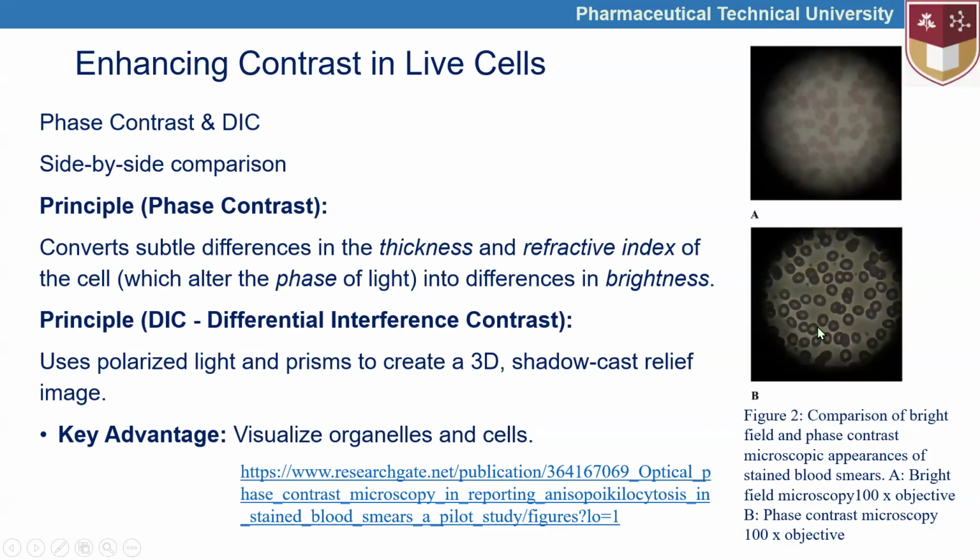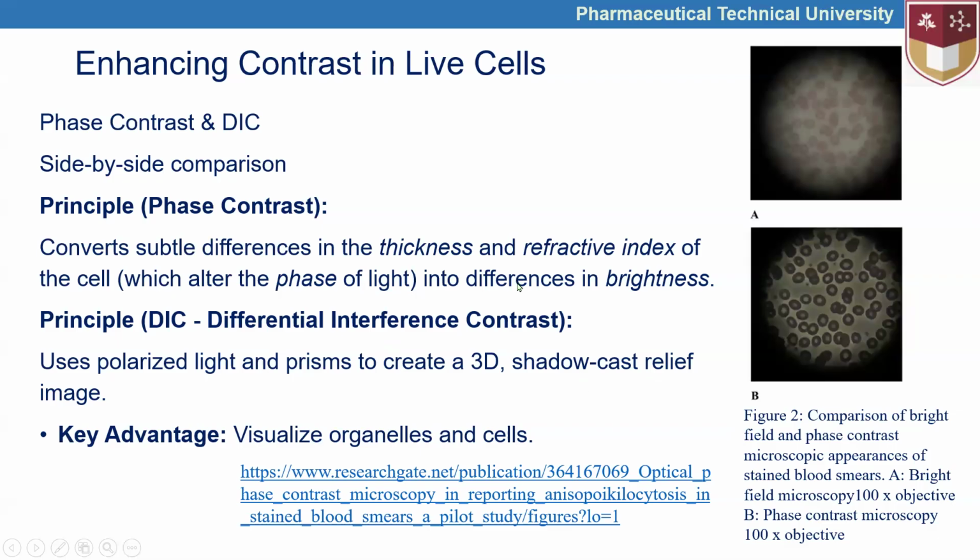I express my apologies. I'm sorry. This is about the cell, actually, not biopolymers. I apologize. This is about light microscopy. Okay, and light microscopy uses polarized light and prisms to create a 3D shadow cast relief image.